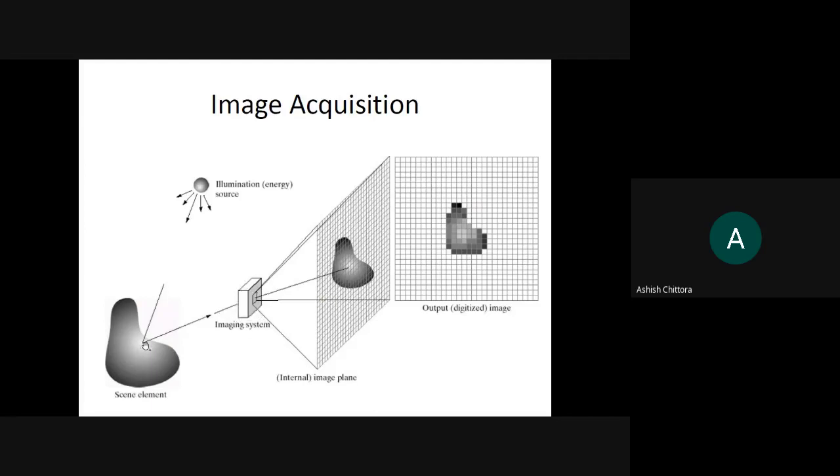And this reflected energy is detected by a sensor. There can be a sensor which is suitable to capture that electromagnetic energy coming from the imaging system or from the object.